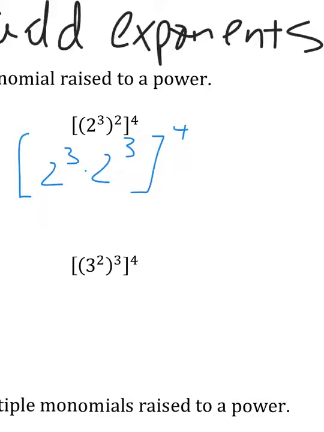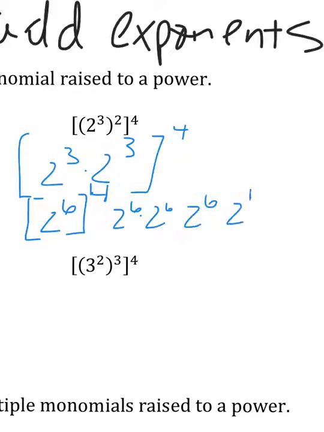Well, 2 cubed times 2 cubed gives us 2 to the sixth, and that is to the fourth. So we have 2 to the sixth times 2 to the sixth times 2 to the sixth times 2 to the sixth. That gives us 2 to the 24th as our final answer.